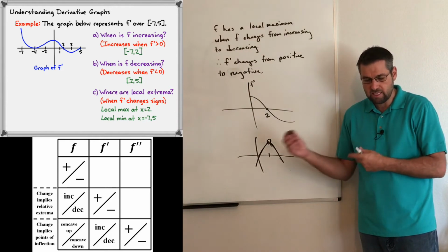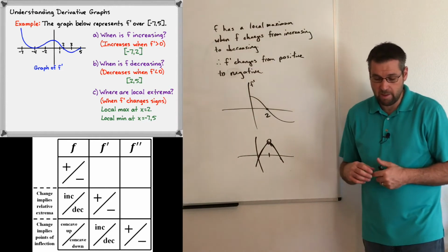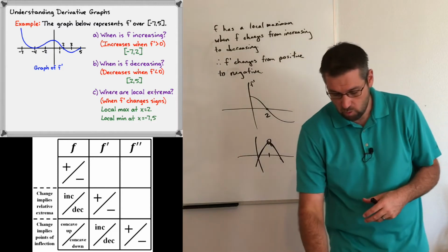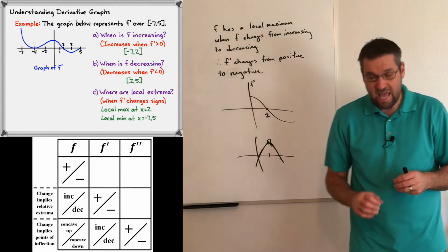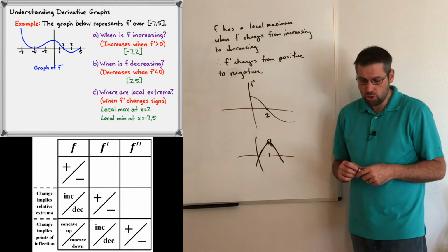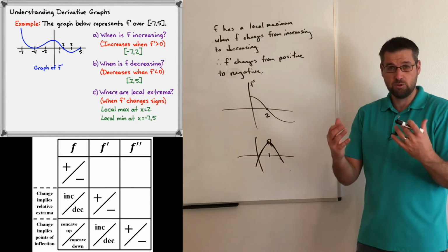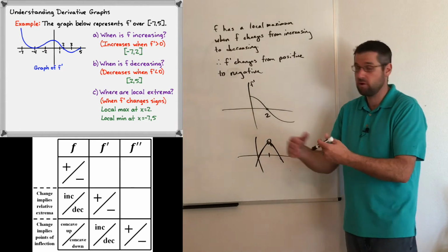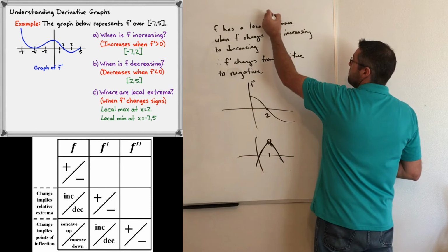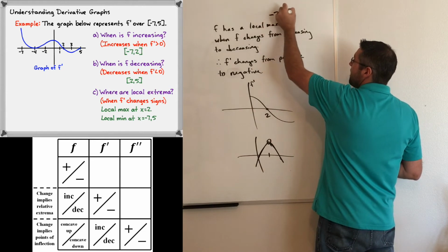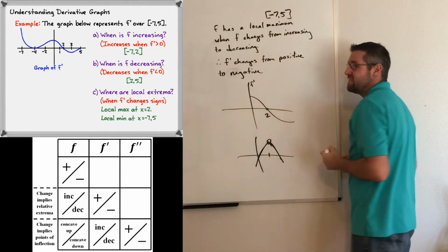Now, in the lesson, it shows that there's a local maximum at -7 and 5. Well, why is that? Because at -7, you'll notice that the interval is a closed interval. And at 5, you also have a closed interval. So this interval being from -7 to 5 means that these points exist.